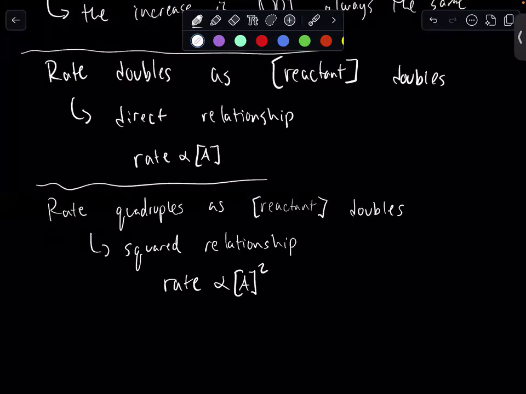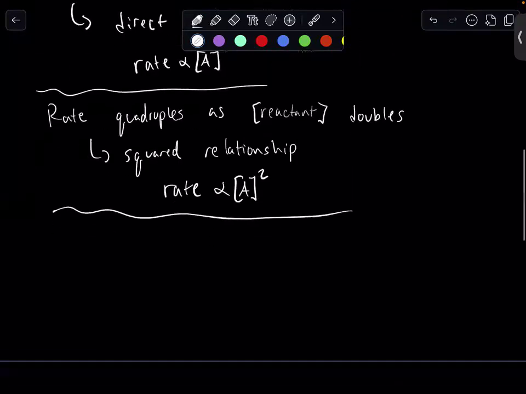But what if you have more than one reactant? What if your rate is dependent on multiple reactants?